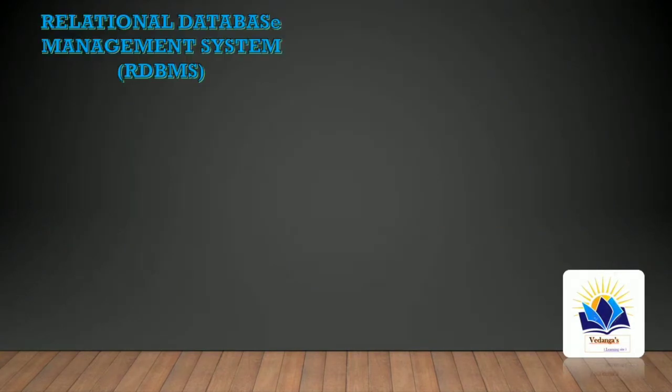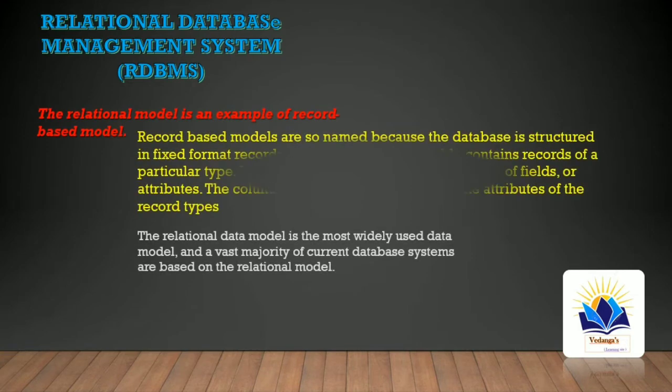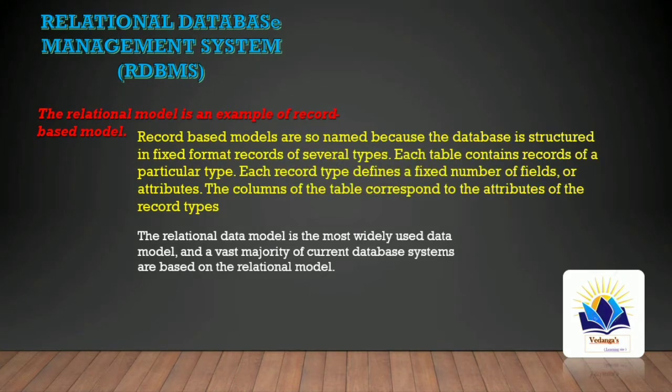The relational model is an example of a record-based model. These record-based models are so named because the database is structured in fixed-format records of several types.